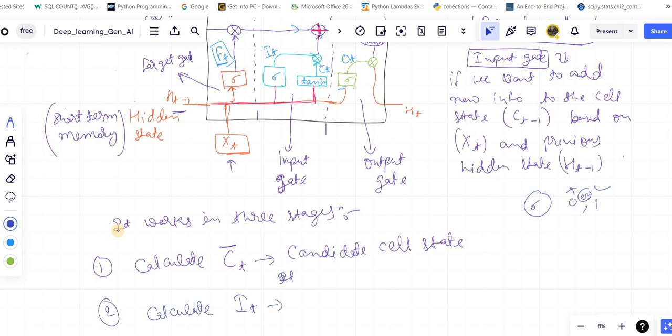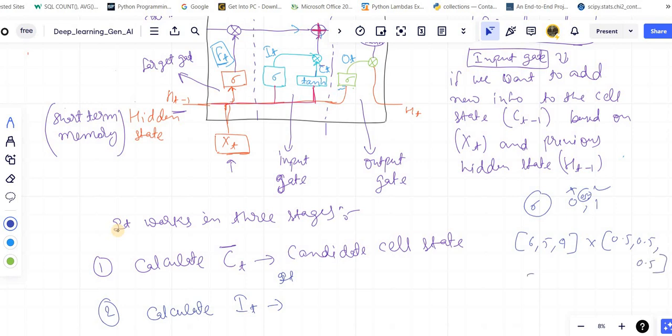So you can build an intuition by seeing it here. Whatever value will come from the tanh, and then some vector is coming from the sigmoid neural network, and then I'm multiplying these two. So let's suppose from tanh it came 6, 5, 4, and then I'm multiplying it with 0.5, 0.5 and 0.5.